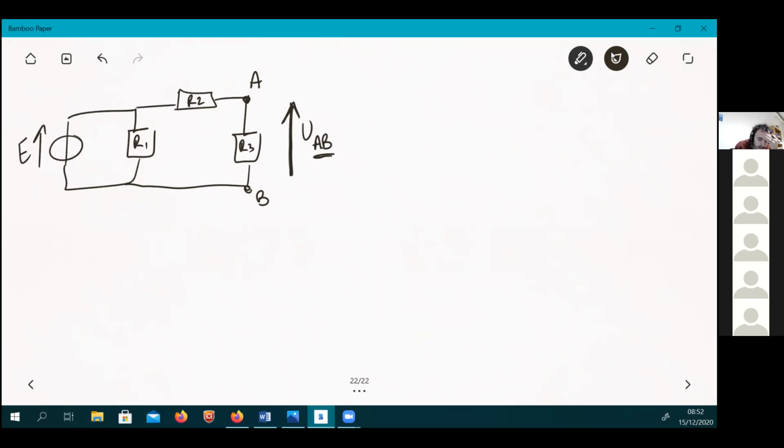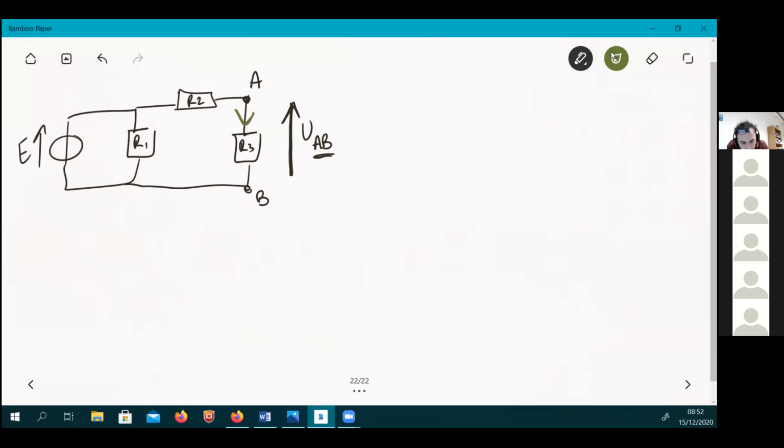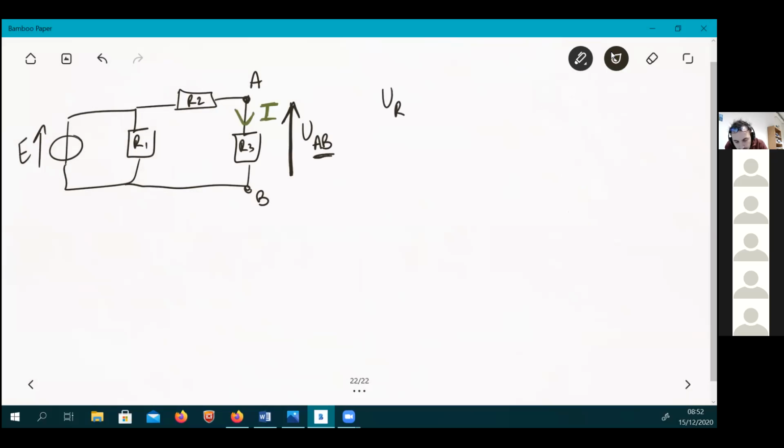So to get UAB, something interesting, of course, is to get the current flowing into R3, because you already know that UR3, which is UAB, is going to be equal to R3 times I.